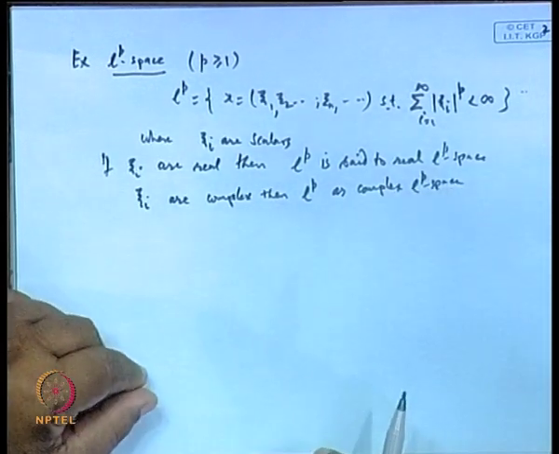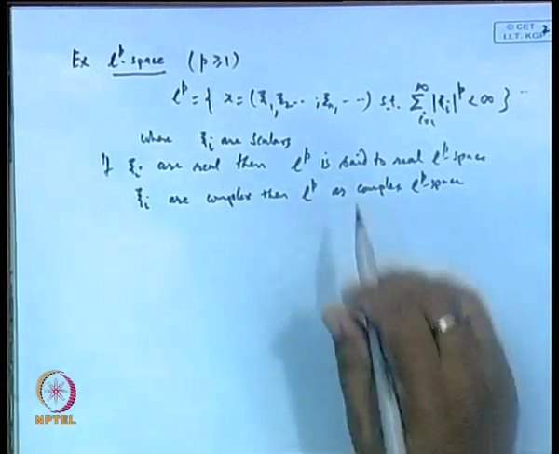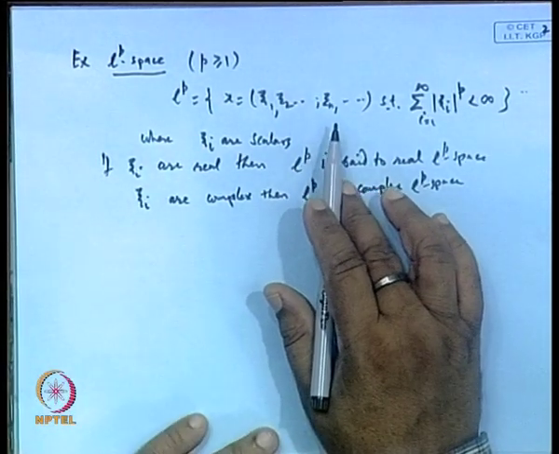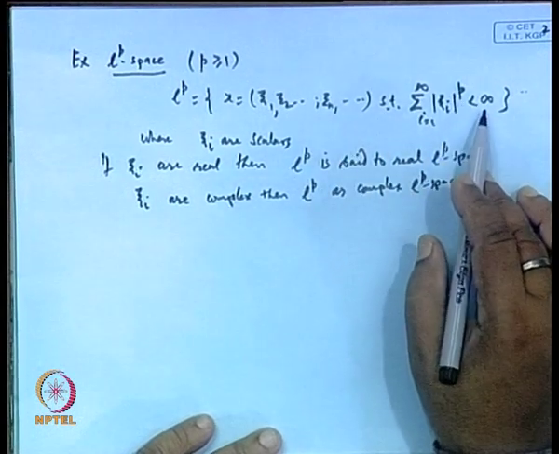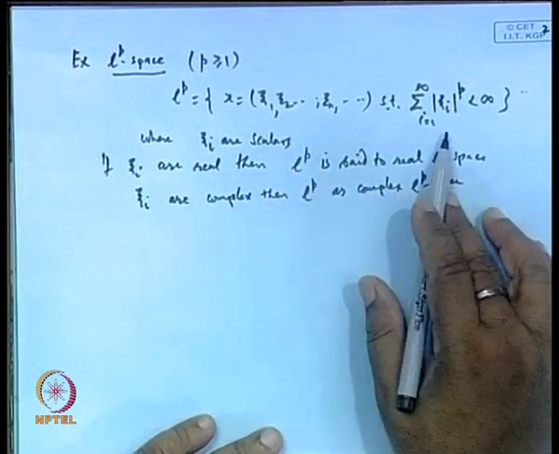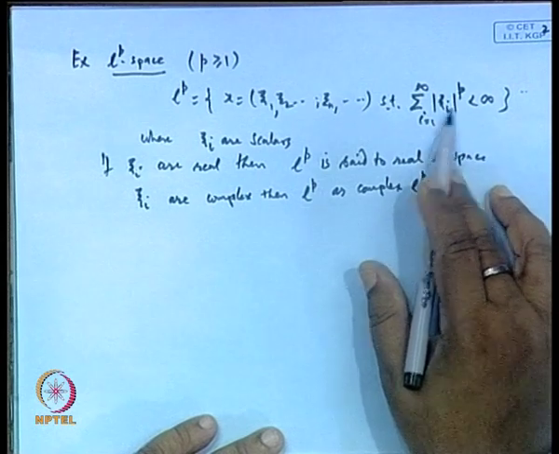Okay. So, LP is the class of those infinite sequences x = (ξ1, ξ2, ..., ξn) such that the sum of |ξi|^p is finite, that is, those infinite sequences which are pth summable sequences.